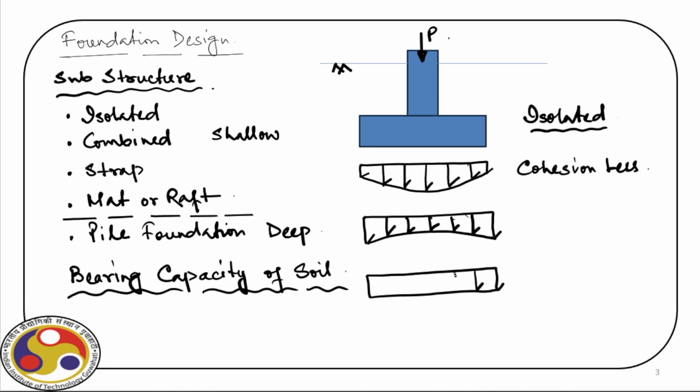Okay. So in all our analysis, we'll consider a uniform distribution, as you can see here. So this is uniform. We have already seen for cohesionless soil, and this is for cohesive soil.